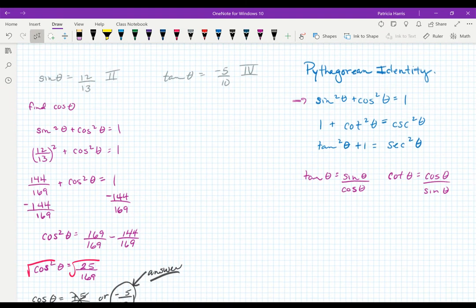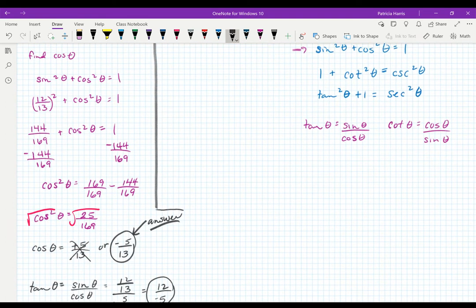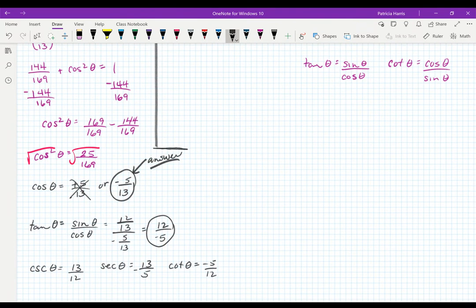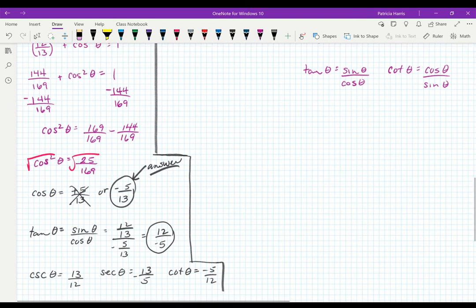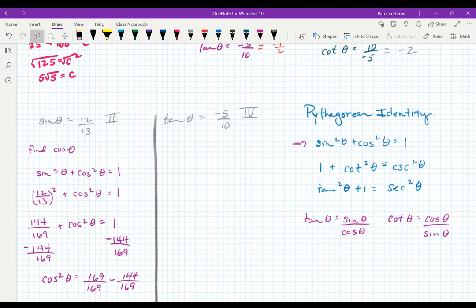Let me try to separate these two. Okay, so I have tangent.